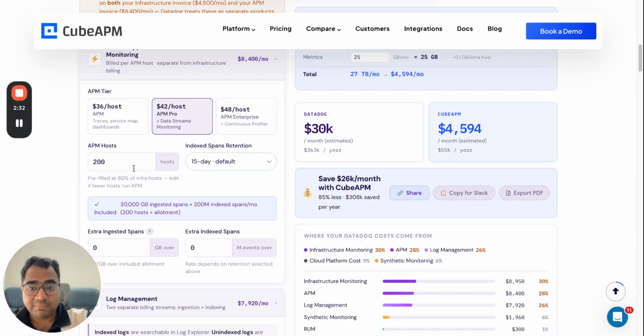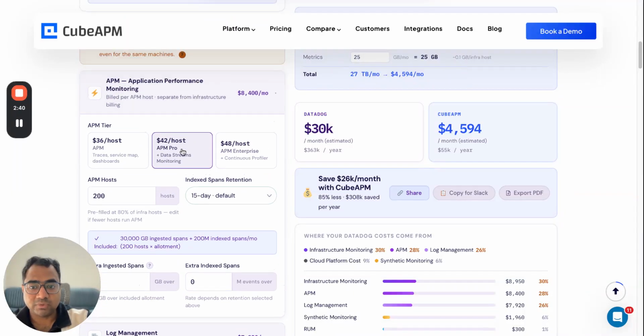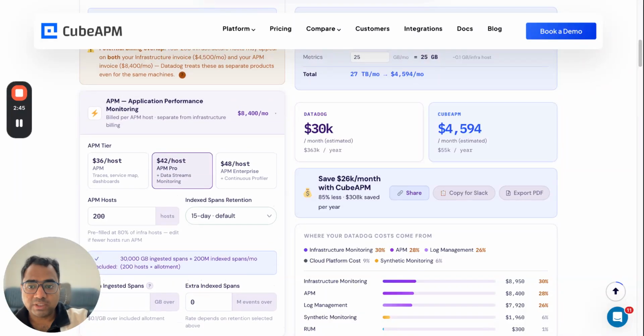We have assumed that 80% of your infra hosts are APM hosts as well, which means out of 250, 200 hosts are APM hosts, and for these 200 APM hosts I have to pay $42 per host, assuming I am again on a pro plan. So the APM cost amounts to $8,400.